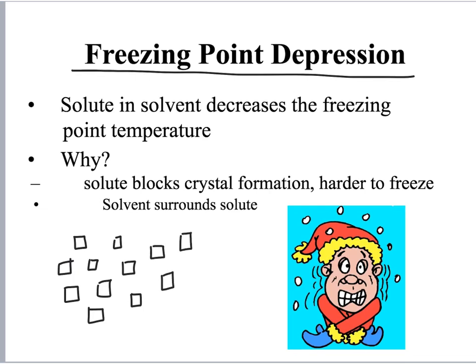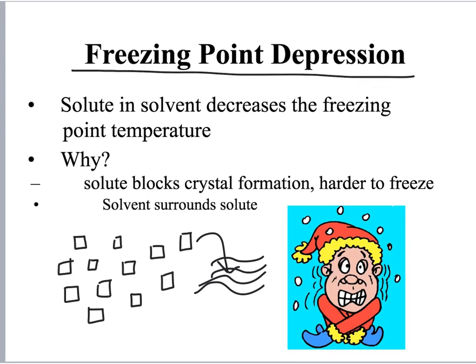So why do we do that? A lot of people think we throw the salt on the ground just for traction, for more friction, so that cars don't slide. But really, when you mix the water with the salt, the salt starts to dissolve in the water, and it makes it harder to freeze.